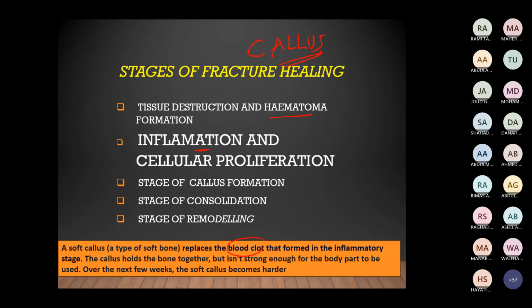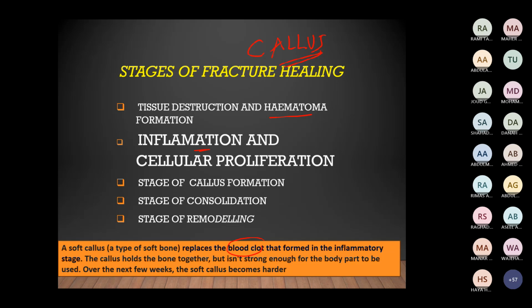I told you just now when I was revising that in the steps of bone repair, the first step was the inflammatory phase, in which there was clot formation and inflammation. Here also the hematoma will form a clot, then inflammation. So the soft callus replaces the blood clot that formed in the inflammatory stage.